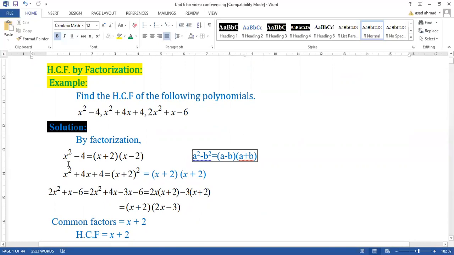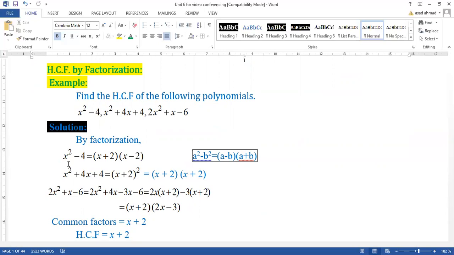Now, this is actually the application of the process of factorization that you must have learned in your previous topics. For finding HCF, a student must be expert enough to factorize the given expression, because factorization is an earlier topic, and in this chapter we are studying the application of factorization.